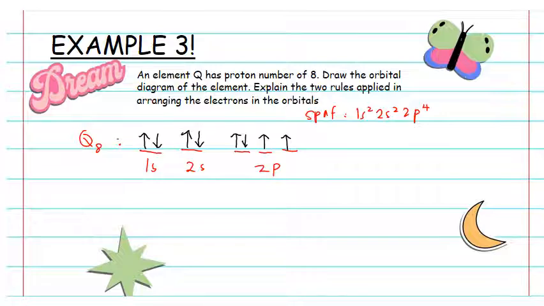Explain the two rules applied. Okay, the two rules that apply, the first one adalah kita akan gunakan Pauli. Okay, di mana Pauli cakap no two electrons can have the same set of quantum numbers.